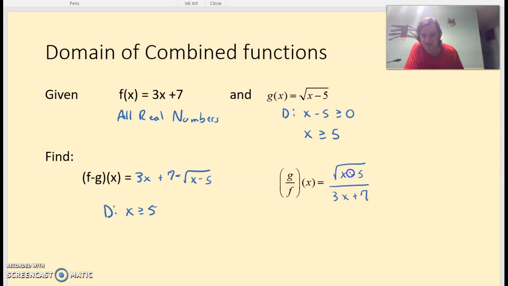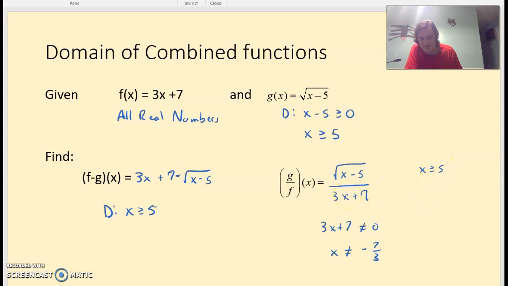So we got two things here. First of all, we have that x has to be greater than or equal to 5 from the original g up here. And then we have the issue that the 3x plus 7 cannot be 0. And if we solve that, we get x does not equal negative 7/3, which lucky for us is less than 5.